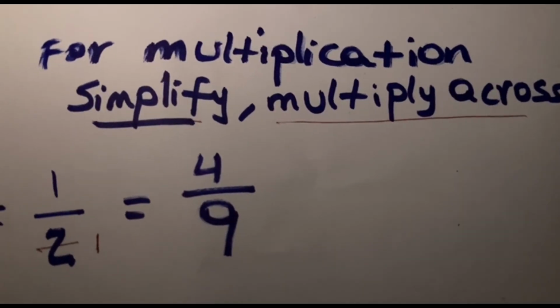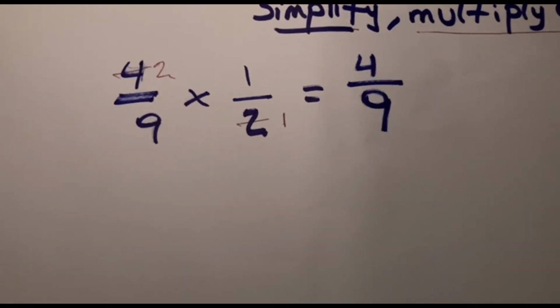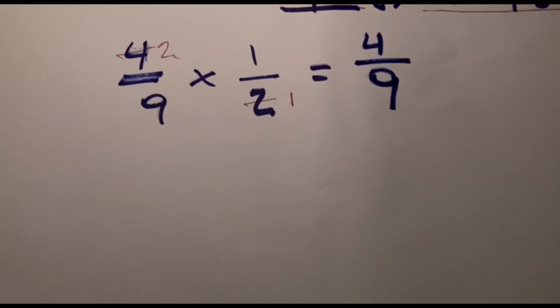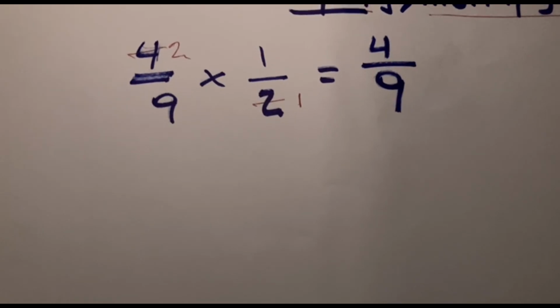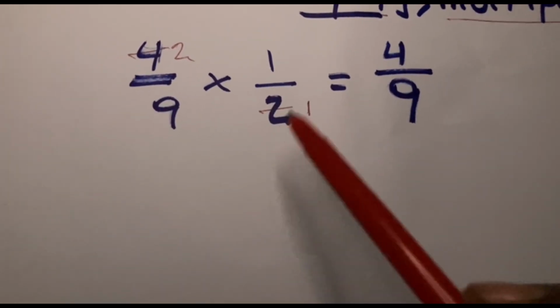So let's see. This is the first example: 4 over 9 multiplied by 1 over 2. We can have some common factor for 4 and 2.